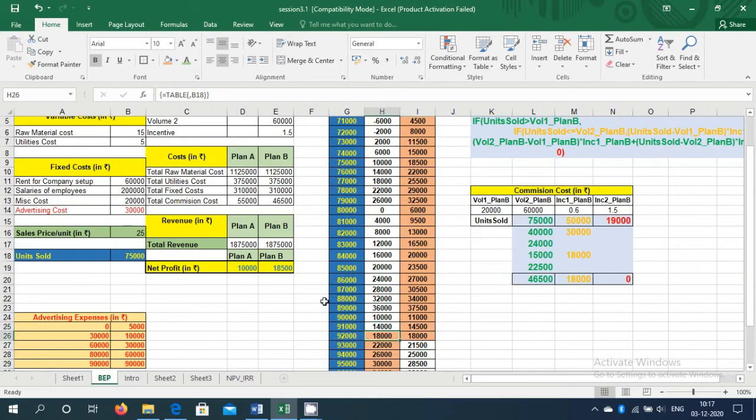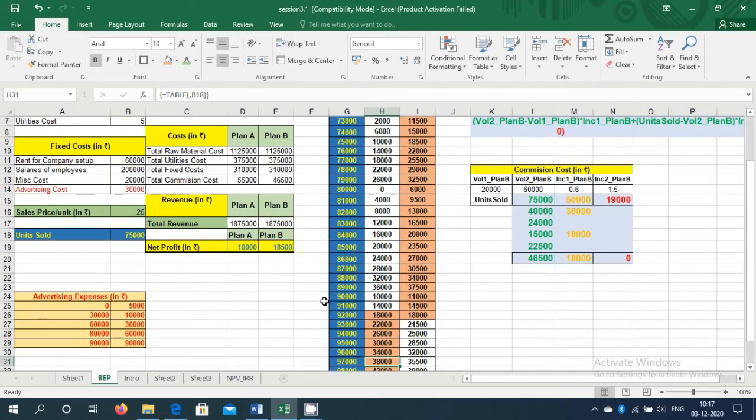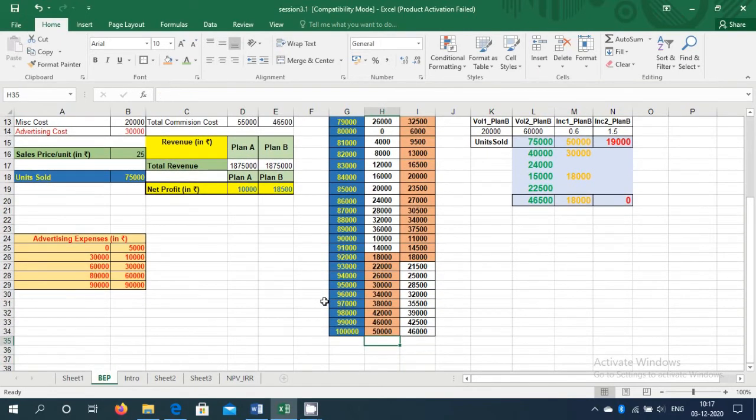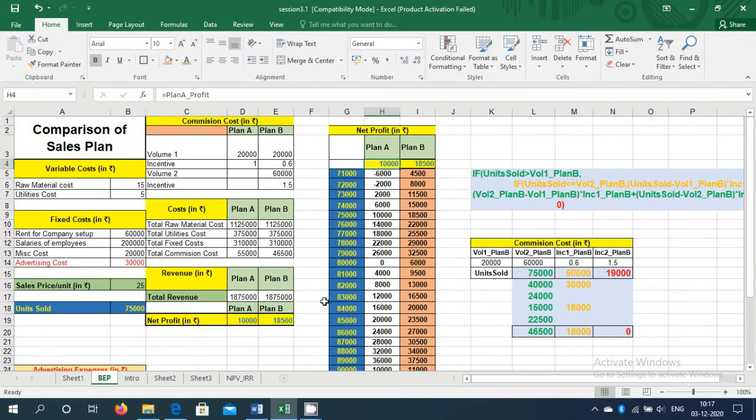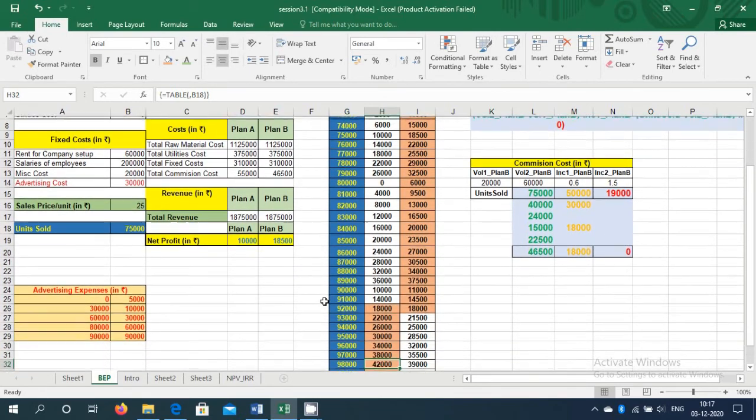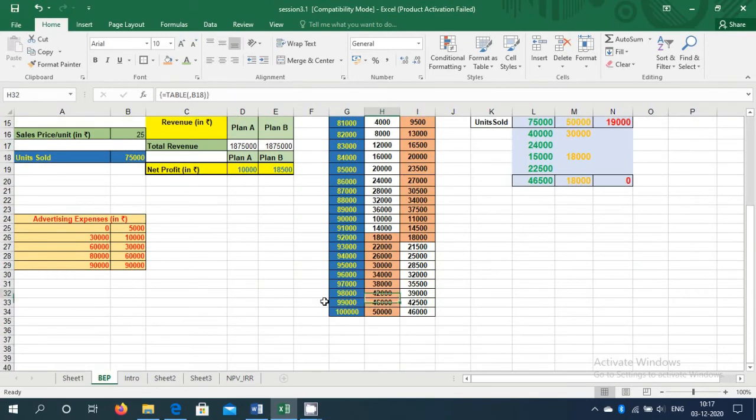But more than 92,000, plan A is better than your plan B. So this is the one that I want to show you, that all the time we cannot say plan A is better or plan B is better. The pink mark over here shows which plan is better.